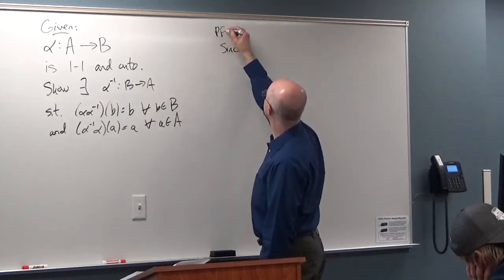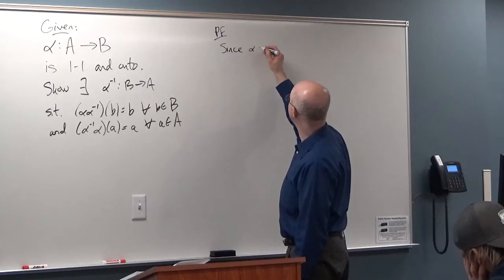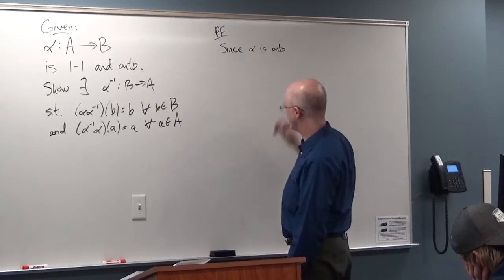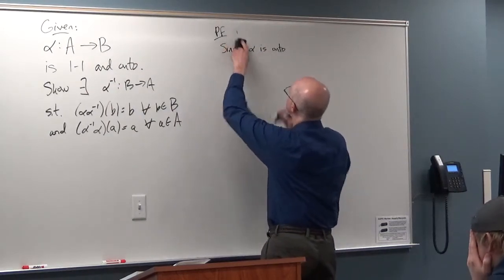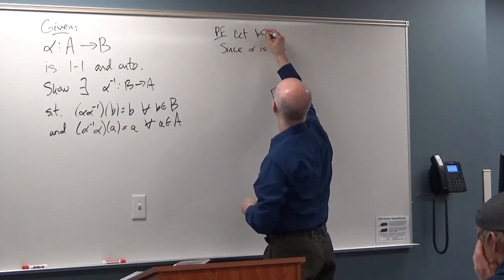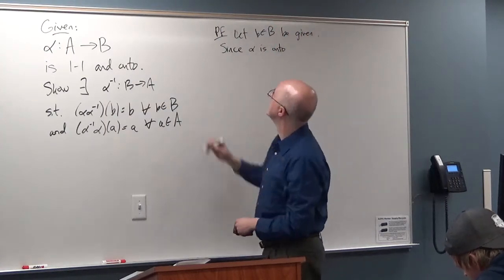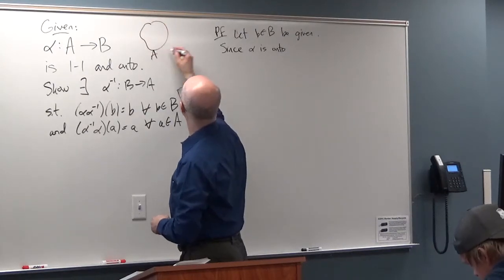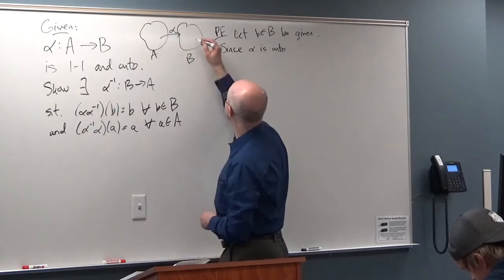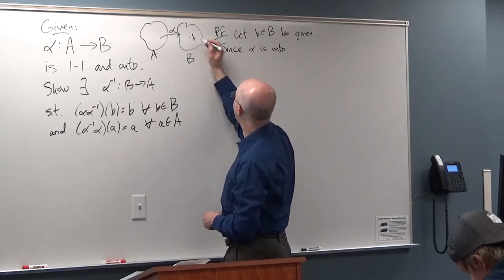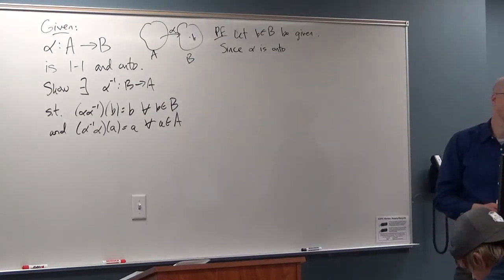So here's the proof. I should start by saying let little b be given. You can draw this picture here. Here's A, here's B. Alpha maps from A to B. You're given a little b in capital B. You want to say what alpha inverse of little b should be.